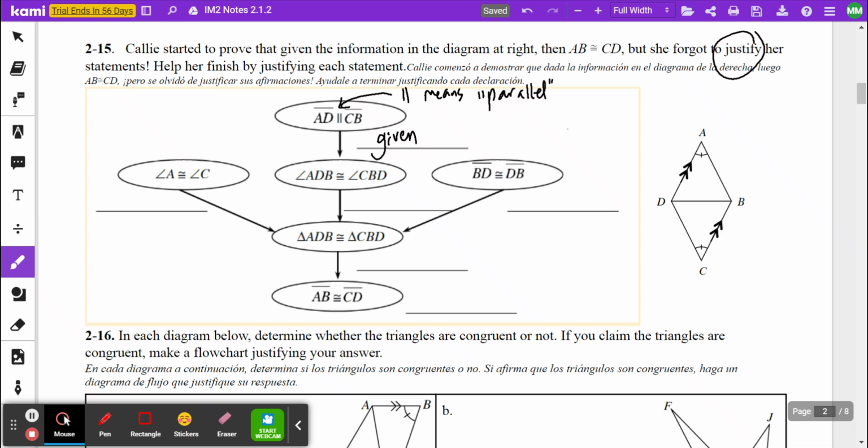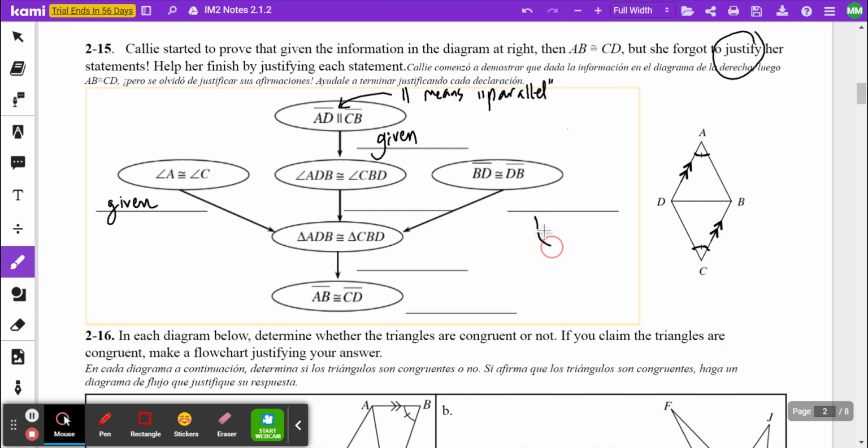Okay, angle C is congruent to angle A. That's also given in my diagram right here. Angle ADB, that one's a little harder. Let's save it for last. Side BD is congruent to DB.